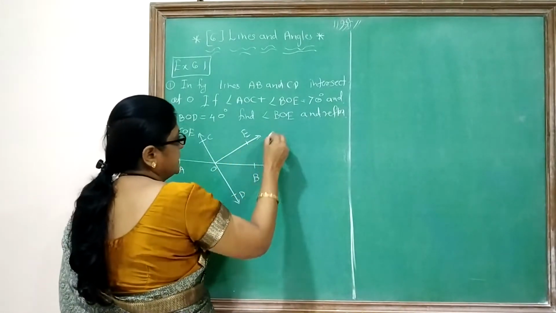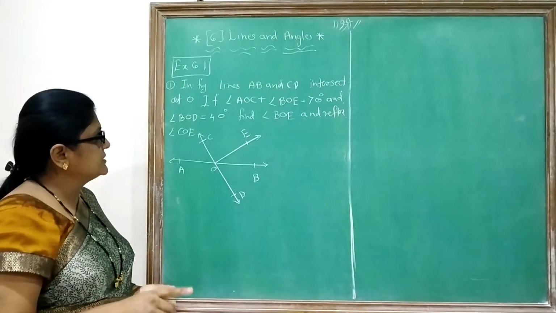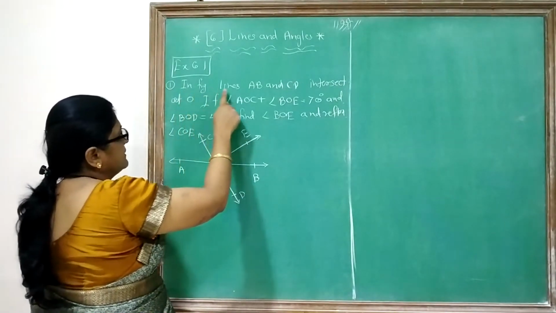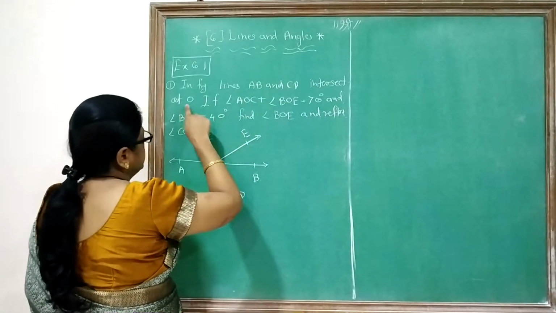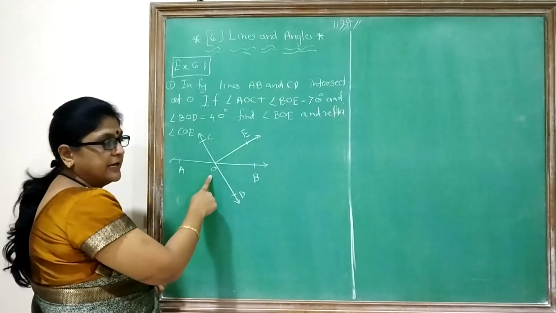Here, what are your given conditions? You will read your first example. In the figure, lines AB and CD intersect at O. This AB and CD, they intersect at O.